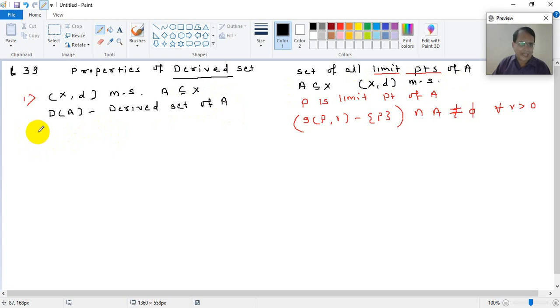Then prove that the derived set of A is a closed set. You can see the examples.